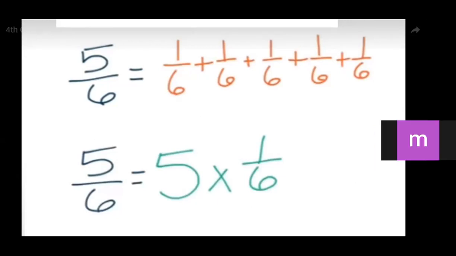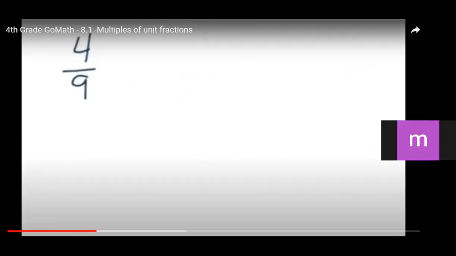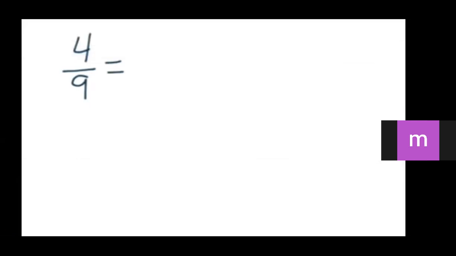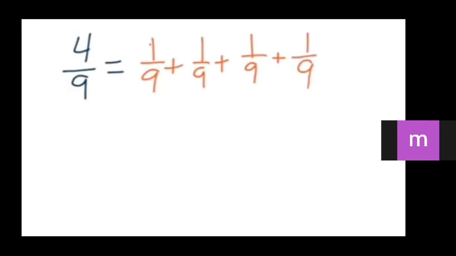Let's take a look at another problem just like this. All right, we have the fraction 4/9. And if we were to write it with addition and the sum of those unit fractions needed to equal 4/9, we would write 1/9 plus 1/9 plus 1/9 plus 1/9.